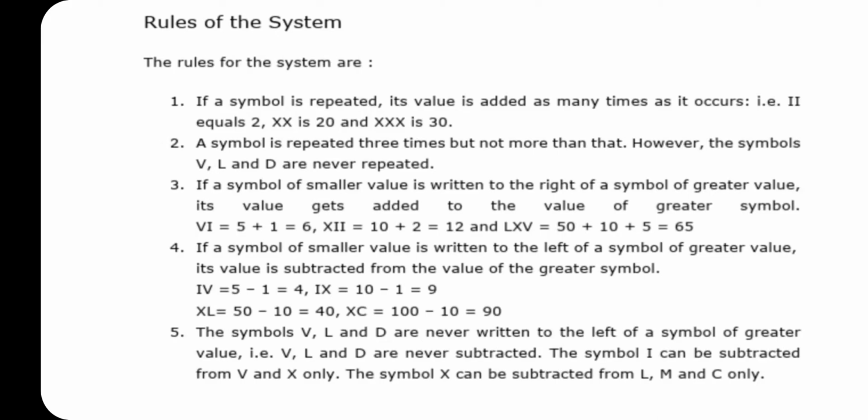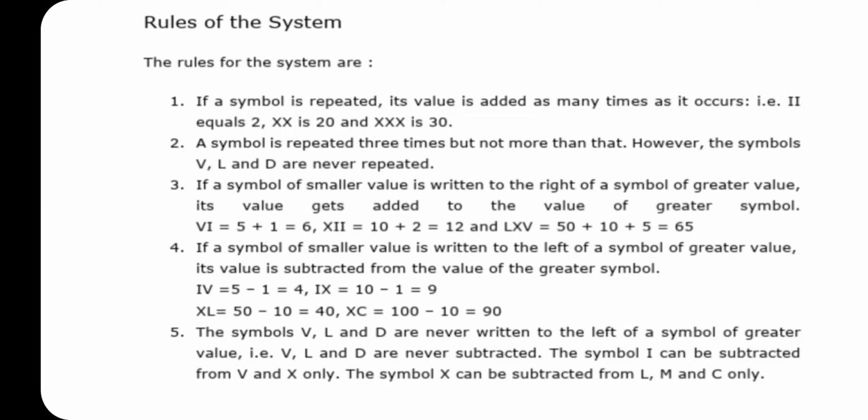For the working of these Roman numerals, we have to follow a few rules of the system. The rules are: first, if a symbol is repeated, its value is added as many times as it occurs.